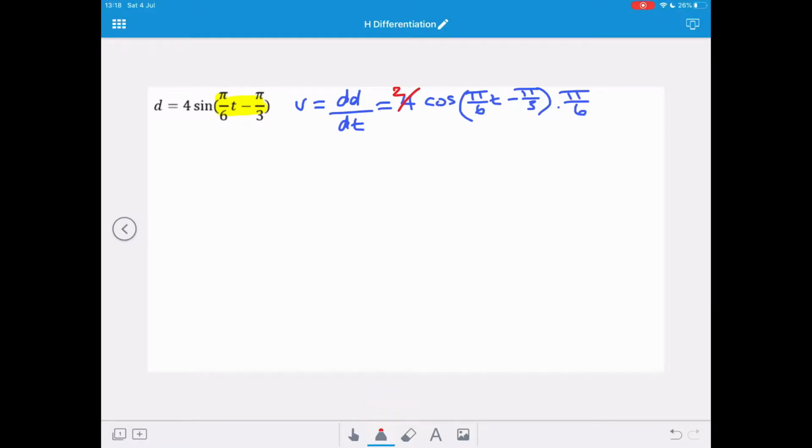Numerator and denominator have a common factor of 2, and so our velocity is going to end up being 2 pi over 3 multiplied by cos of pi over 6t take away pi over 3.